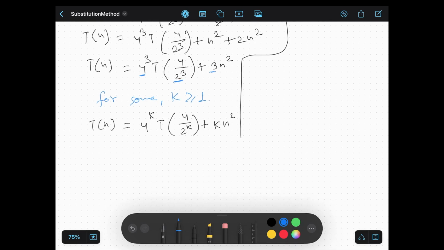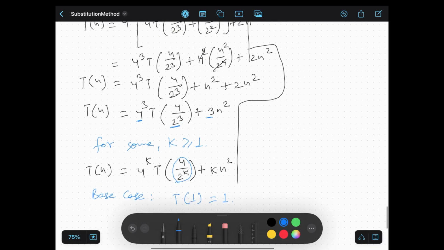Let's do the base case. T1 is equal to 1, and we need to divide until this is 1, which means, I need to do a little correction.